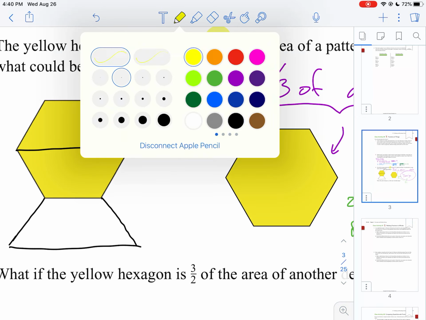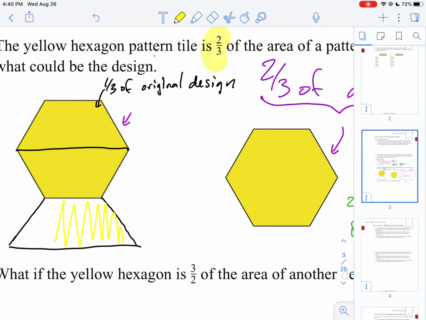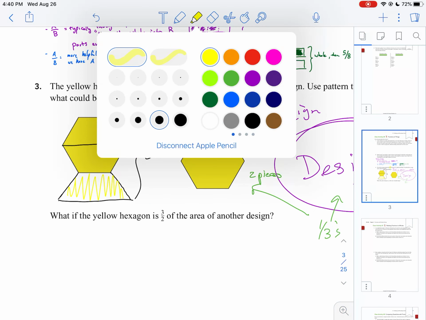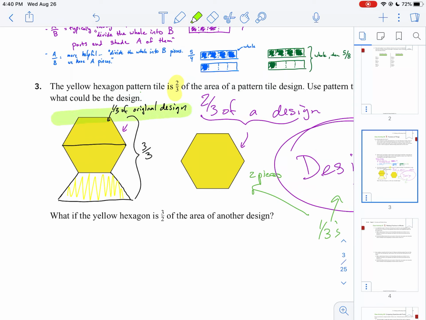And so now this could be the original design. Hopefully that's helpful. I now have 3/3, and then this is 2/3 of the design. And so this could be my original design.